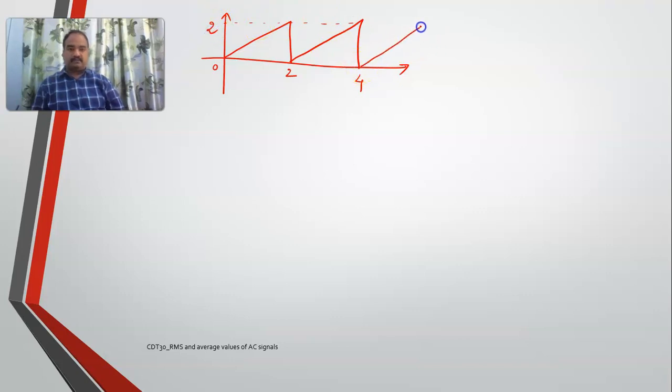This is a sawtooth waveform. On careful observation, you can see this is the time period, because after this period it is repeating. So your time period is 2 seconds. This is time, whereas this is magnitude or amplitude. Time in seconds. So T is 2 seconds.